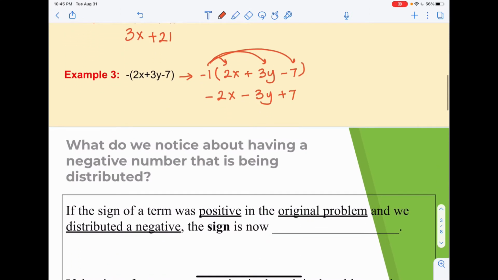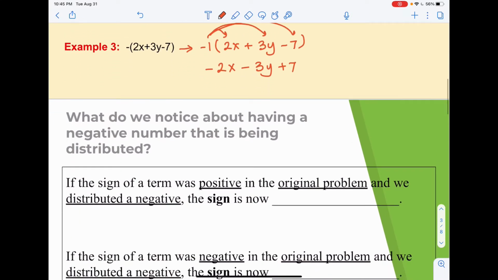What do we notice about having a negative number that is being distributed? If the sign of a term was positive in the original problem and we distributed a negative, the sign is now negative.